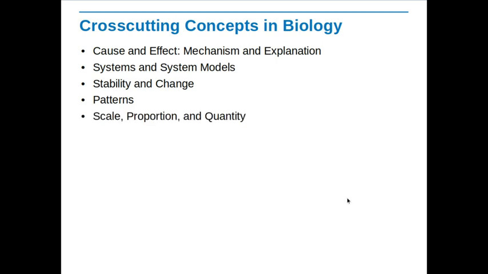Scale, proportion, and quantity. Just about everything can be described in terms of structure. We can look at things from a molecular scale, which is going to be very small, to a global scale. Energy and matter. Flows, cycles, and conservation.